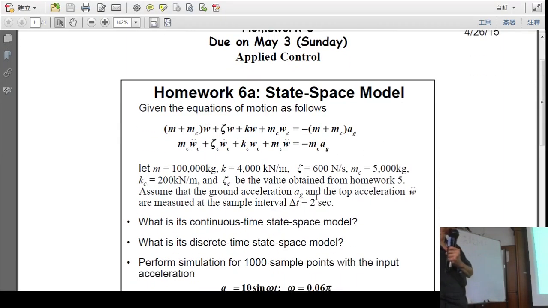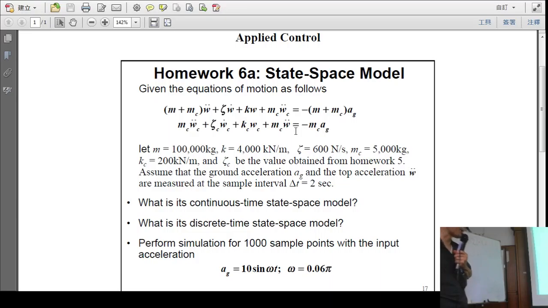This is the same as your homework 5, and I want you to convert it to the continuous time state space model. This is second order. The continuous time state space model is first order.